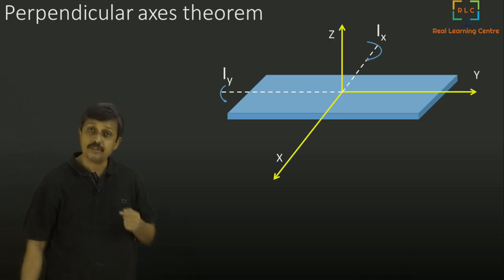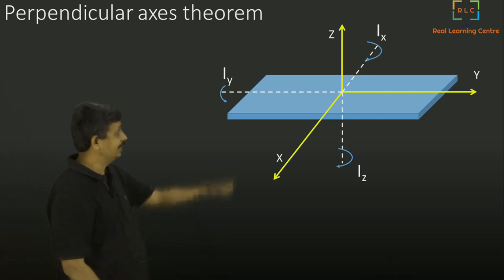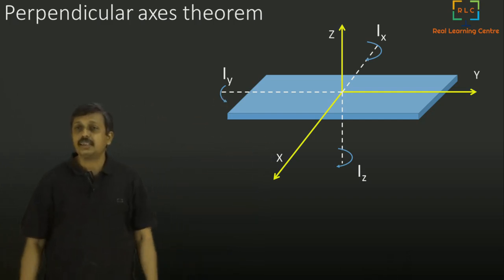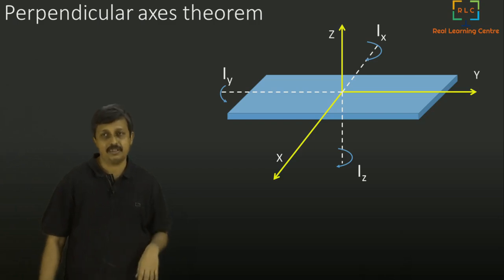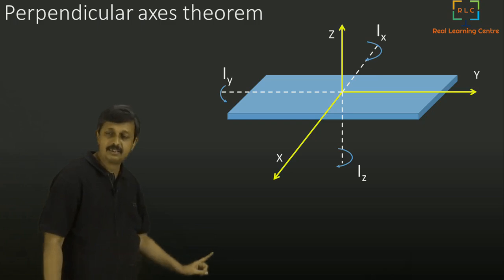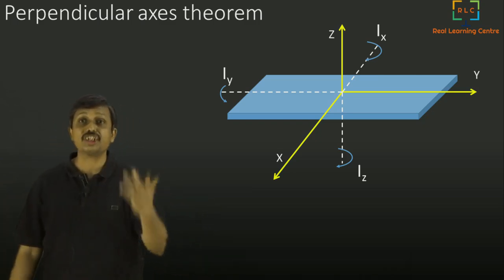Then it is also possible to calculate moment of inertia about the z axis, Iz. So there are three ways of rotation possible. One of them is the axis perpendicular to the plane. The other two are on the plane, but they are perpendicular to each other.